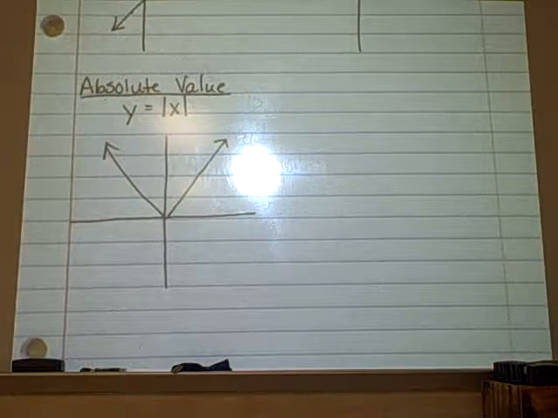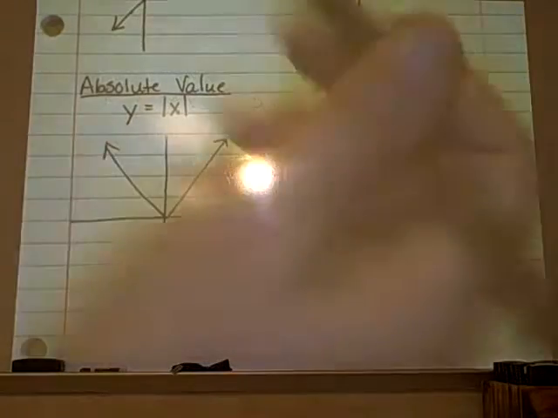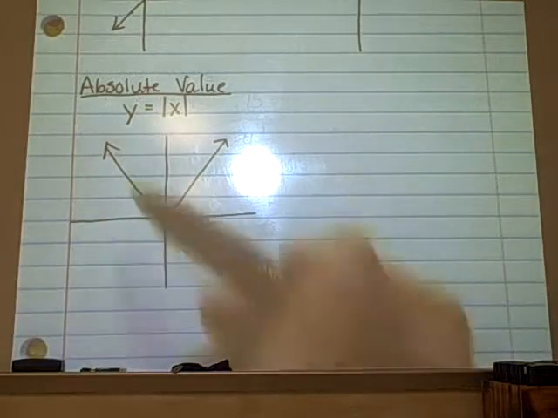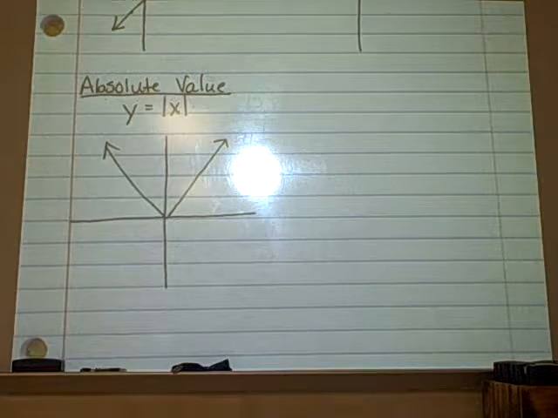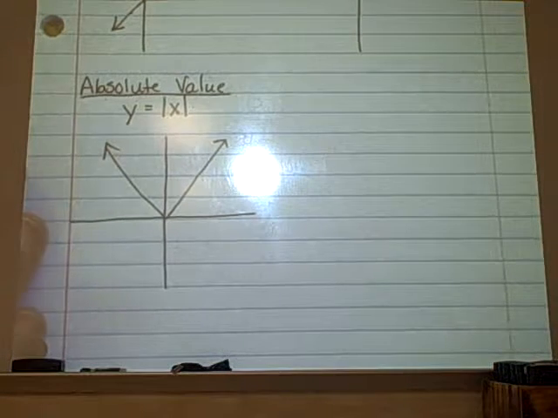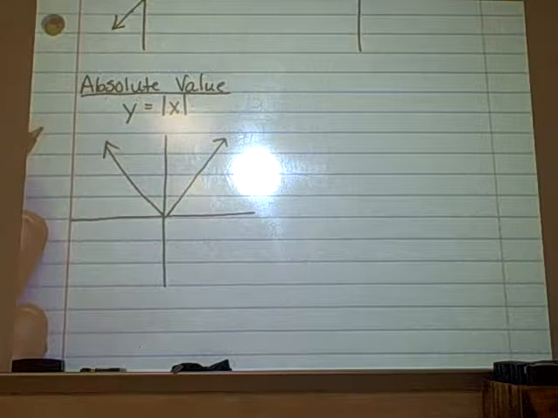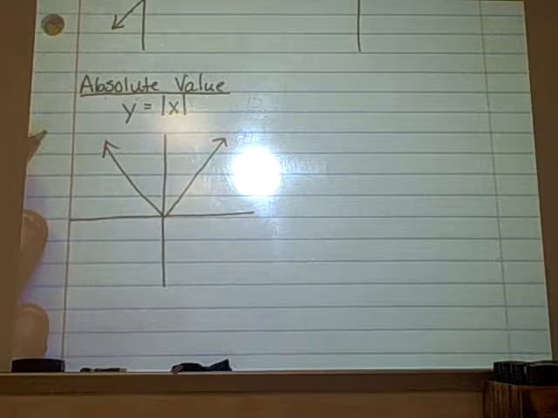So Q goes with U, value goes with V. Okay? So Q, quadratic, goes with U. Absolute value is a V. So if you see value, V. The only thing you need to know about this one is that's what it looks like. That's all you need to know right now. We don't use this graph in our stuff that we have to learn this year. I just want you to be able to recognize it and know what it is.